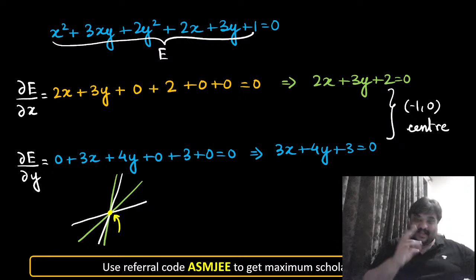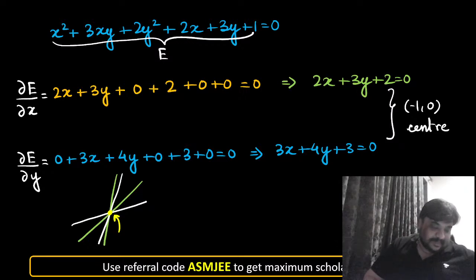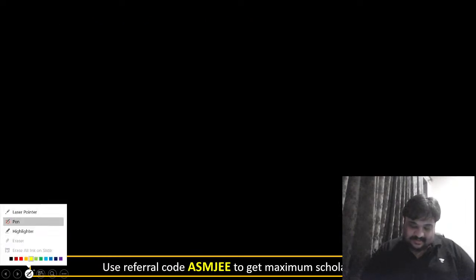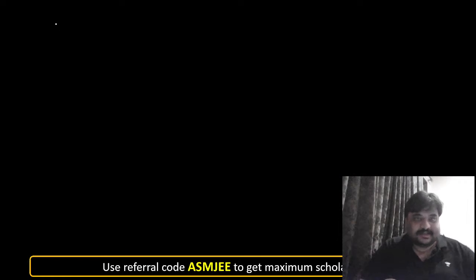Okay, but there is a danger in this method. What is that danger? Suppose look at this equation.